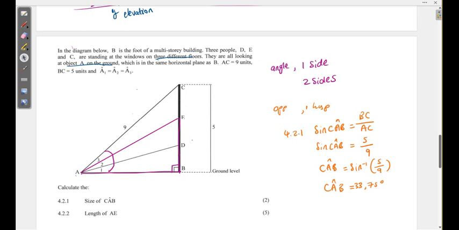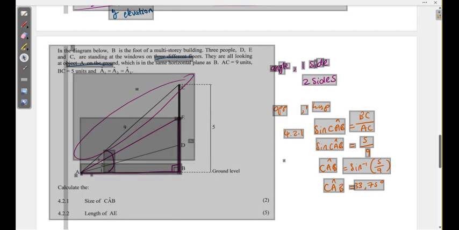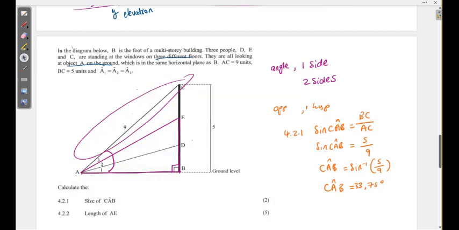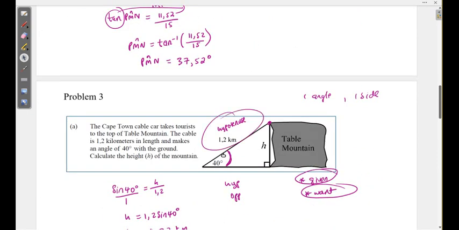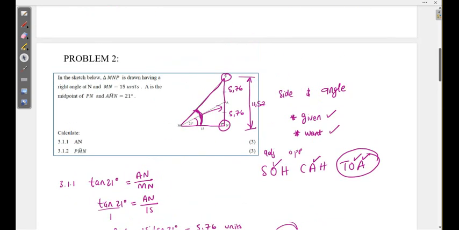You get me? Look at the first problem. You had two sides, isn't it? You had AC and then you had BC. Those were two sides, right? Yes, sir. Perfect. Look at this one. You had one side and one angle, isn't it? Look at AN.